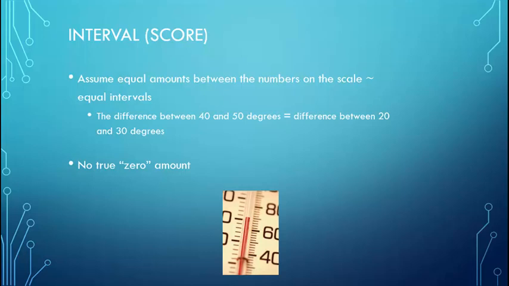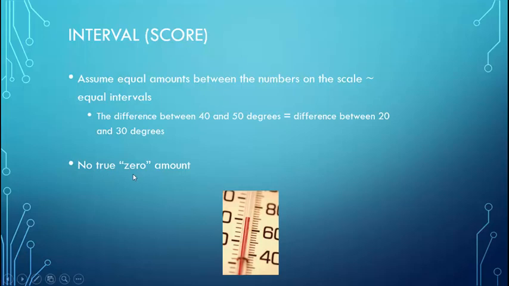The big difference between the interval scale and the ratio scale, which we'll talk about next, is that in an interval scale, we have no true zero, which means that, for instance, on a scale of temperature, have you ever been to a place where it's 0 degrees? Well, if you have, wow, good for you. I've never been somewhere where it's 0 degrees. Seems very, very cold. 0 degrees is a point on the scale, but it's not a true zero.